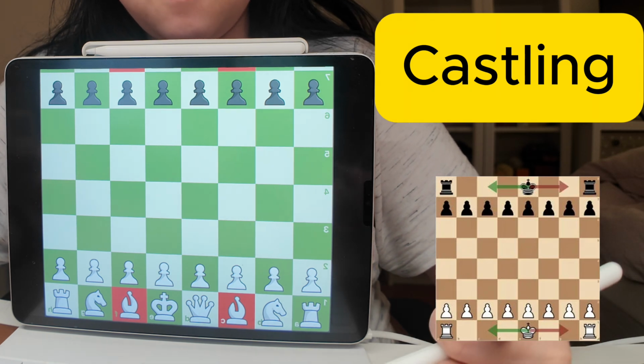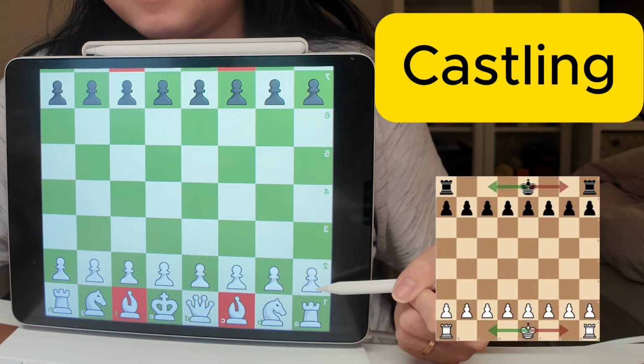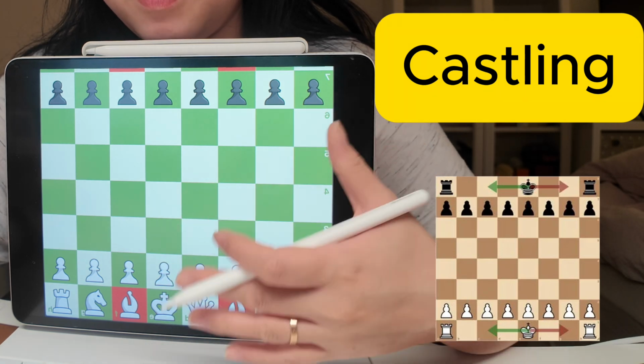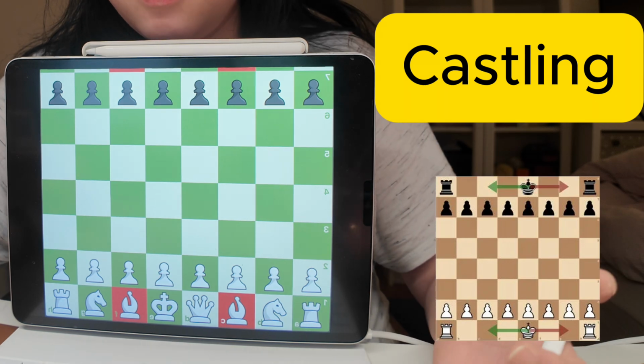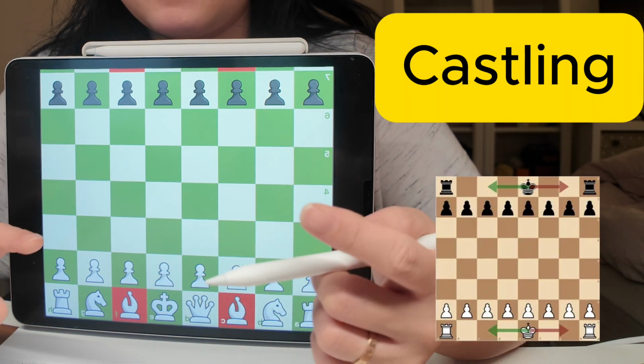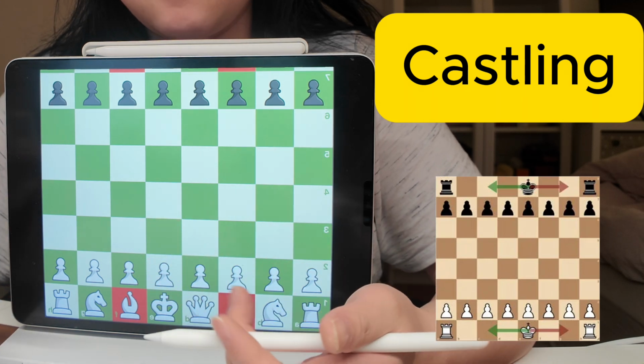This will be their first move. Your king is right here, your rook is here, with some pawns just in the way, being an obstacle for the rook to move. Castling means that you have the opportunity to switch places. That's how I would think of it.